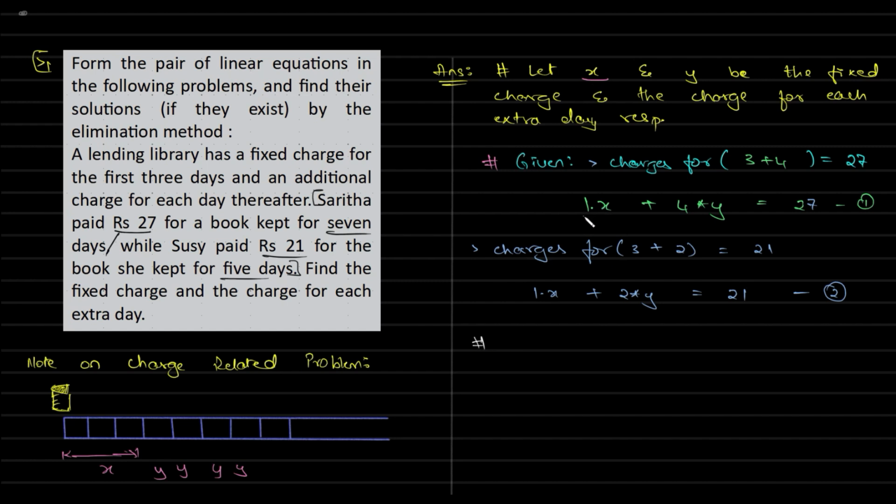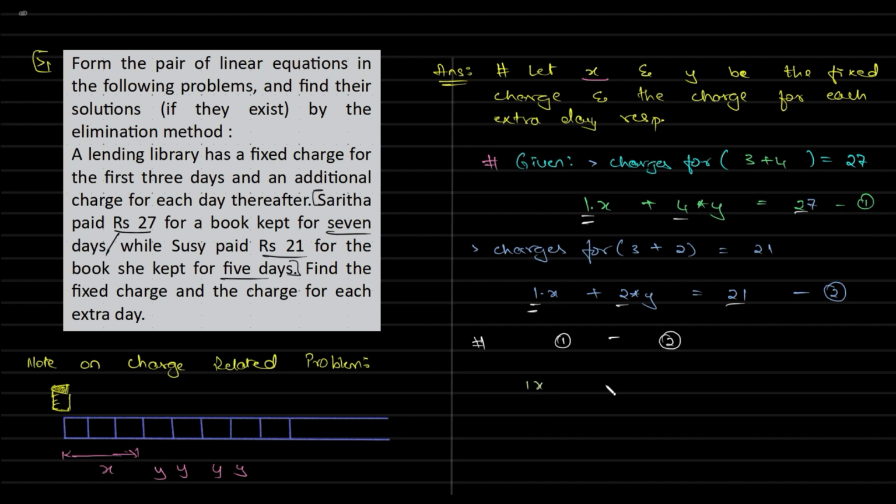Now we are looking at the elimination method. To do so, we have to look at the coefficients and the constants and choose the easiest one. 1 and 1 is the easiest. Finding the LCM, that's 1, so multiplying is not required. Then we have to decide if we need to add or subtract. If I add, this won't get eliminated, so we need to subtract.